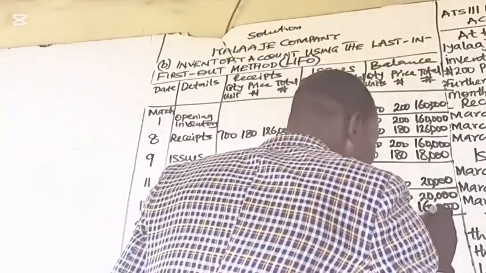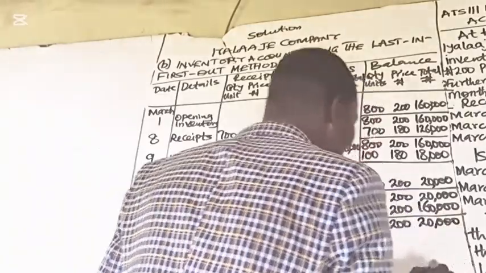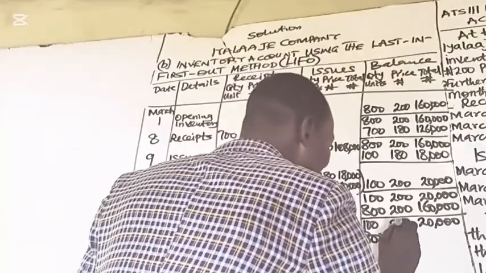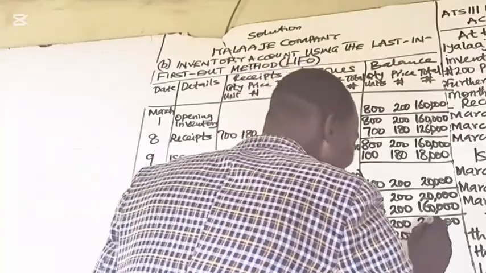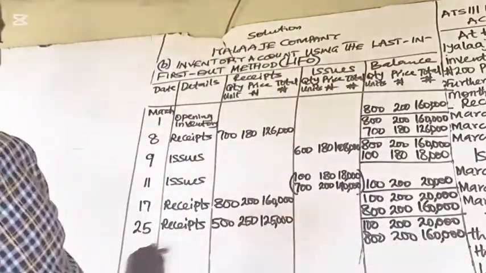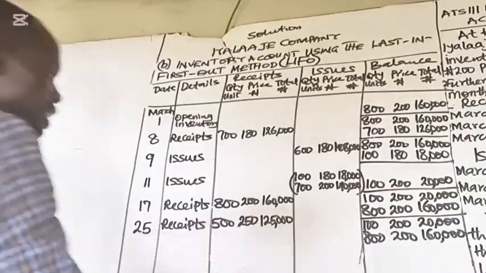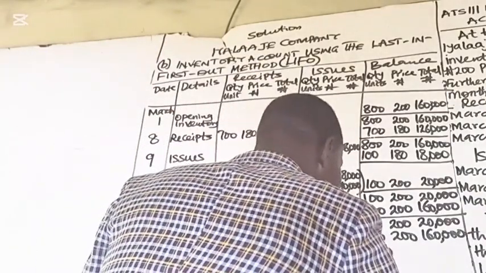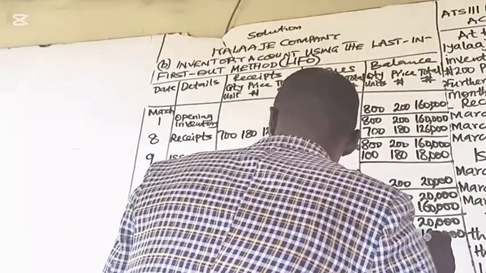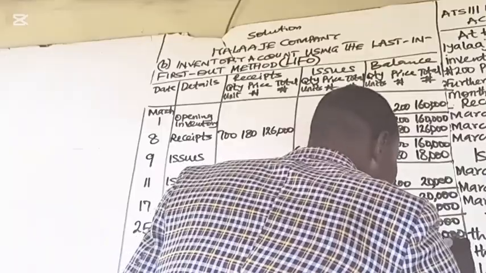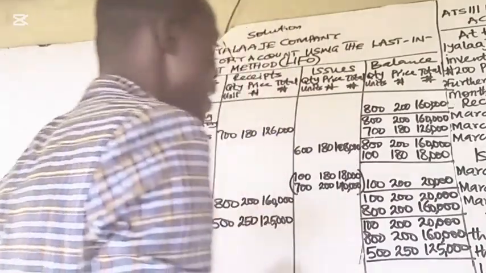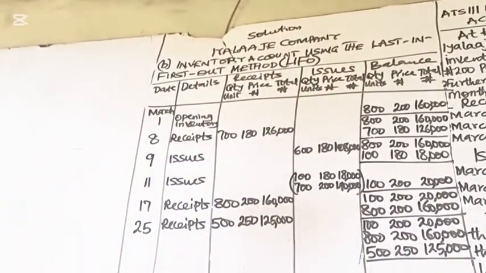That is valued 20,000. Additional 800 at the price of 200, and that is valued 160,000. Then you now receive 500 units at the price of 250, and that is valued 125,000. That is after March 25th.